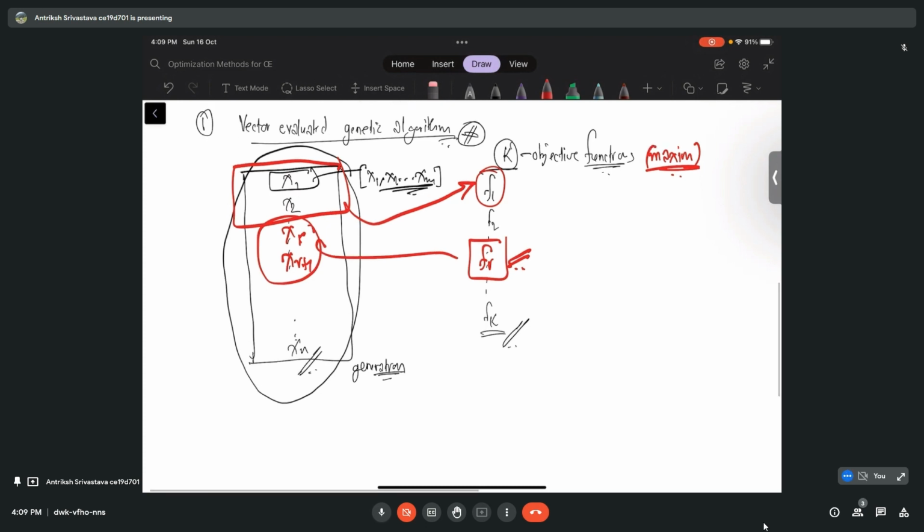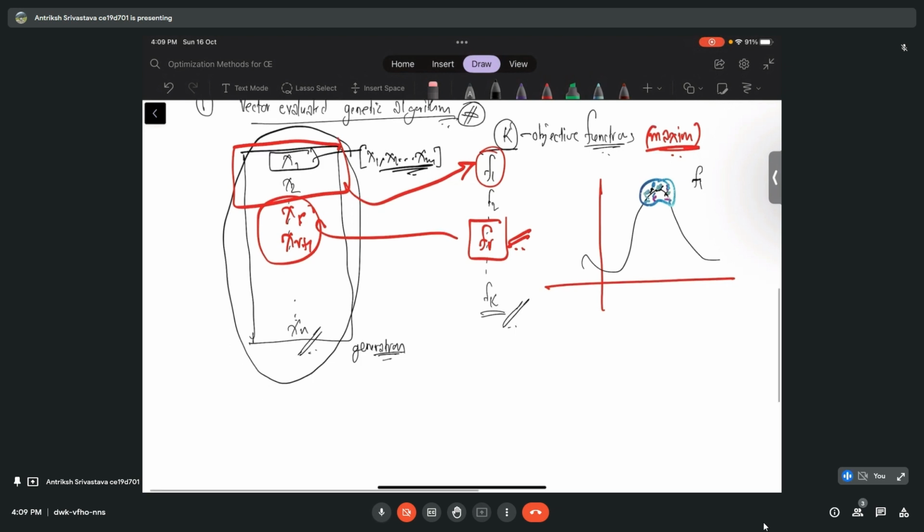If you remember, let's see only one objective problem. Let's say this is f1, and when we did the maximization, we saw that the points were kind of centered around the optima.